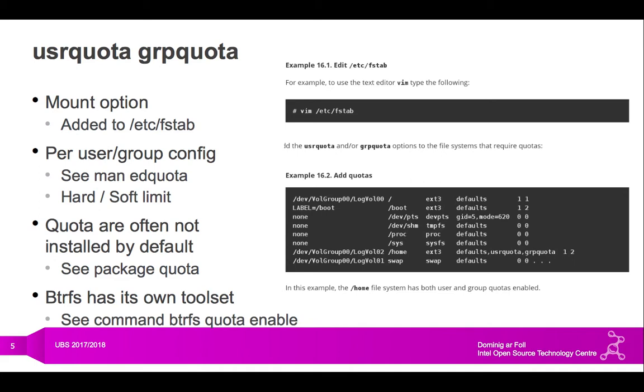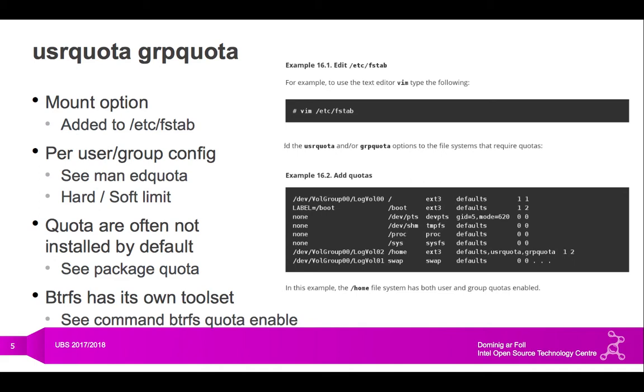And then you're going to define a configuration with a special editor. You could do it by hand, it's not advisable. There is a tool called edquota, which does it for you, and will do it right. And you can set hard and soft limits.